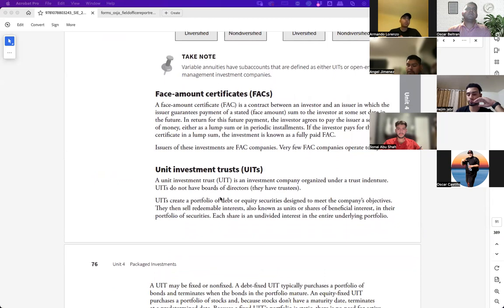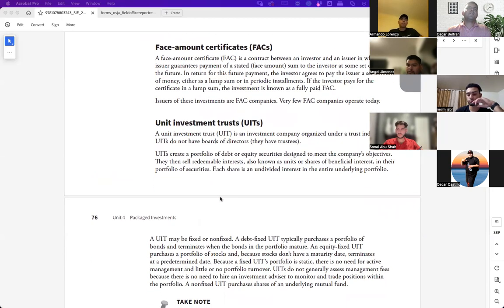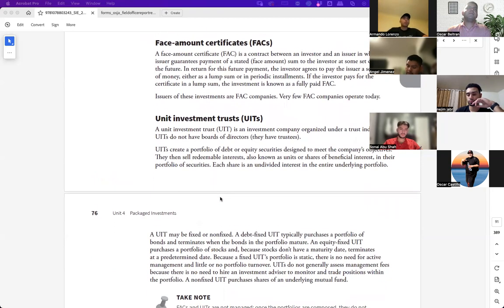So here it is. The first one here we have is called a face amount certificate. Overall, it's a contract between an investor and an issuer in which the issuer guarantees payment of a stated face amount to the investor at some date in the future.